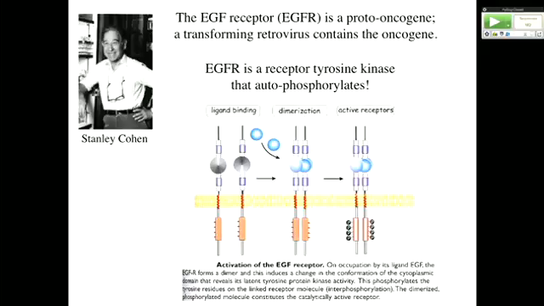What that would mean, if one is a cancer geneticist, is that if the EGF receptor is upstream of RAS and RAF and MEK and MAP kinase, then we should find the EGF receptor as an oncogene.